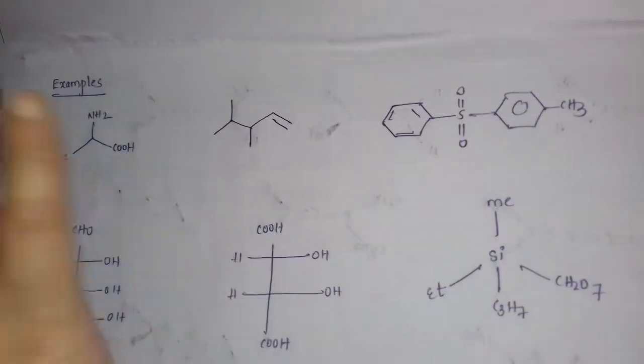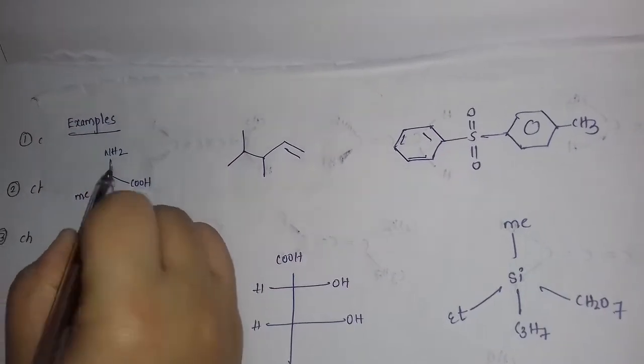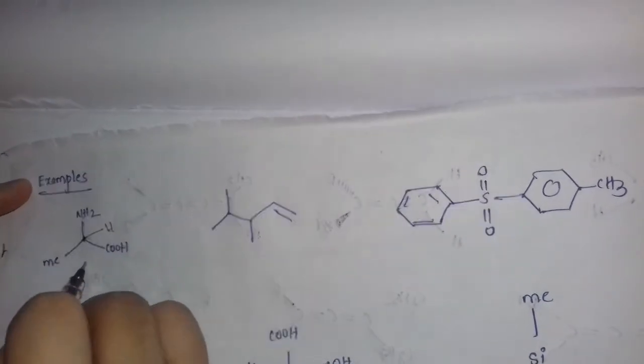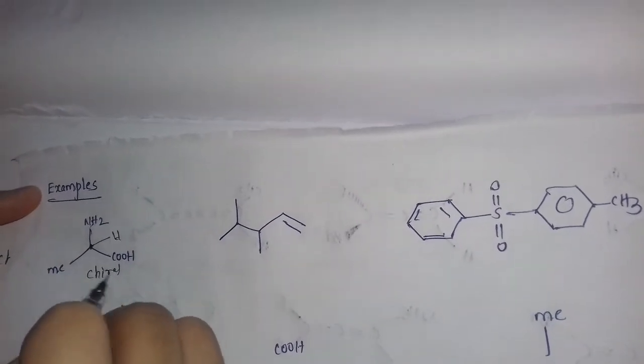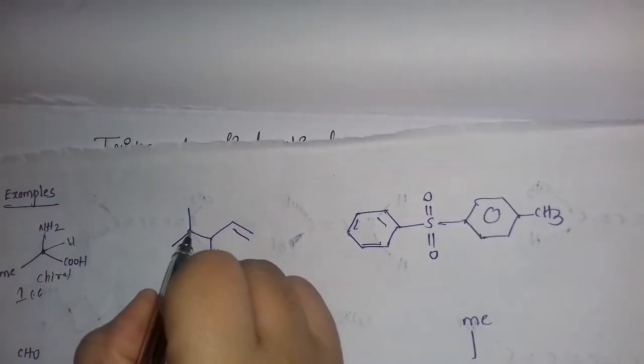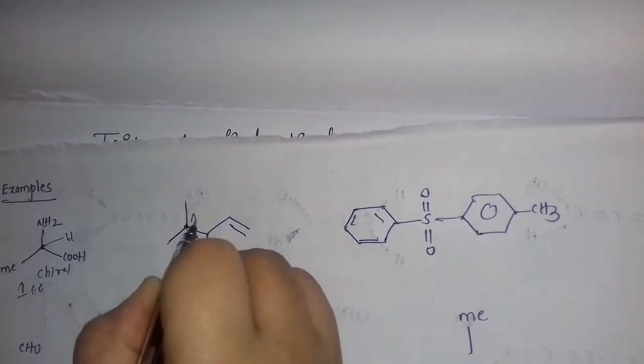Here are some examples that we will solve. Here you can see that three different groups are attached to this carbon, and here will be hydrogen, which means this compound is chiral. Here we have one chiral center. Now here, this is a methyl group and this is a methyl group, so it is achiral.